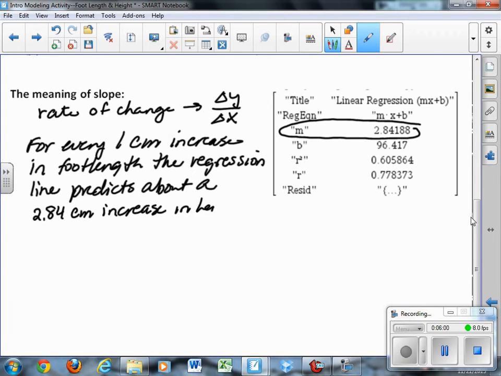Okay. So for every one unit change in the x direction, the slope tells us what to expect as a change in the y direction.